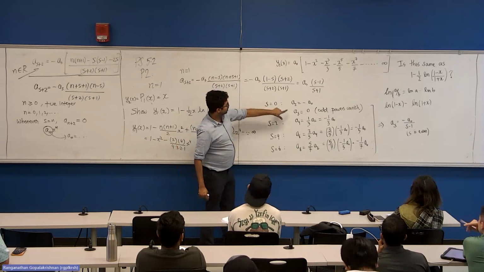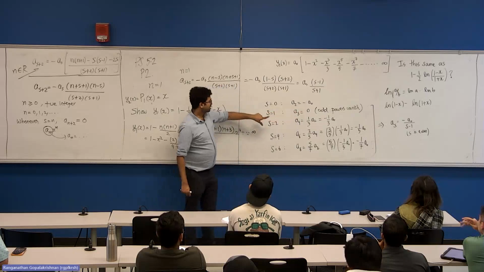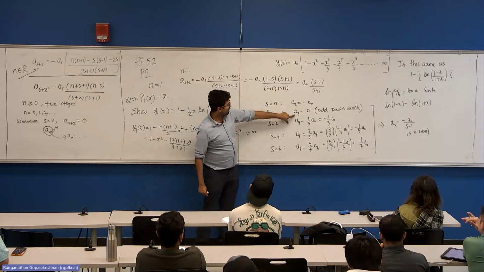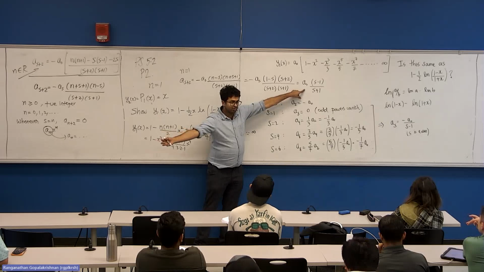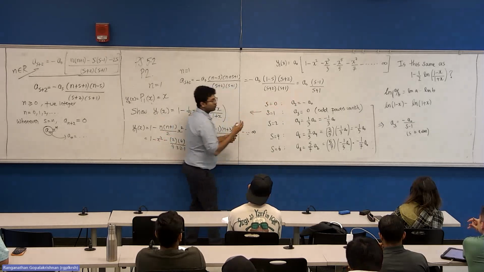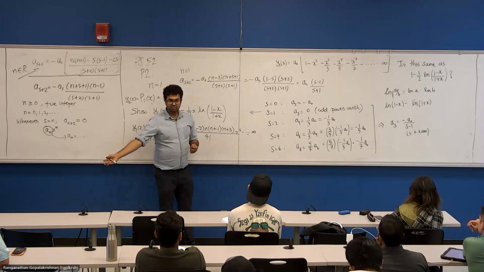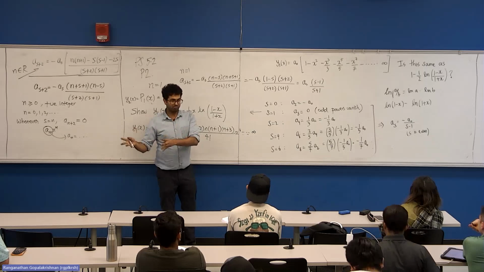So s equal to 0 gives me a2 in terms of a naught. S equals 1 gives me a3 is 0, and from there on everything else is 0, which makes sense because this is what corresponds to the other solution, which is the Legendre polynomial. It is just a1, the Legendre polynomial of order 1.